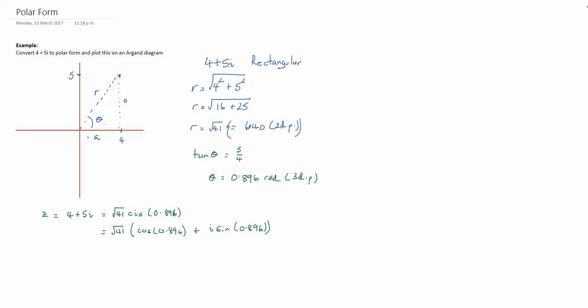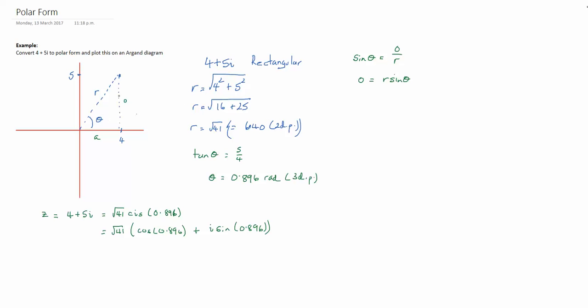Well, if you have a look back on our triangle here, this opposite side, and we looked at the sine of this angle, well, that's the opposite over the hypotenuse, and the hypotenuse is r. So the opposite side can be calculated as r times sine theta.